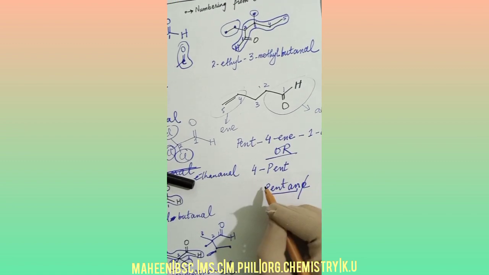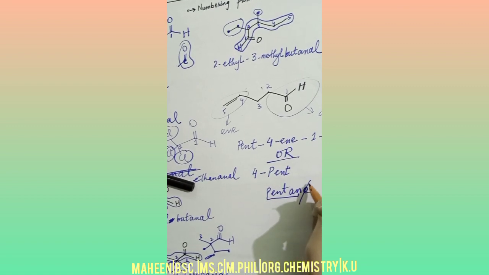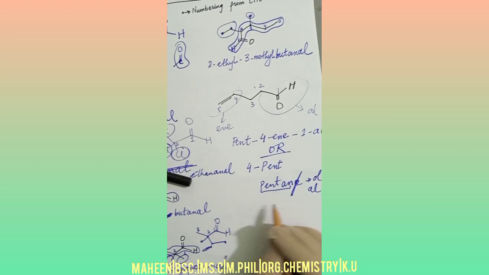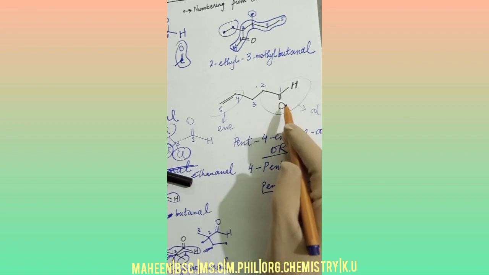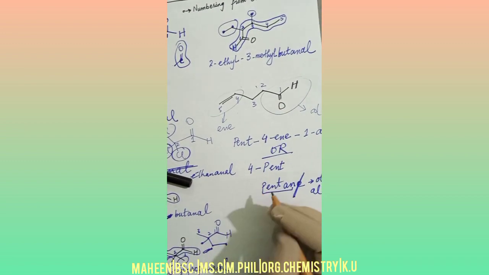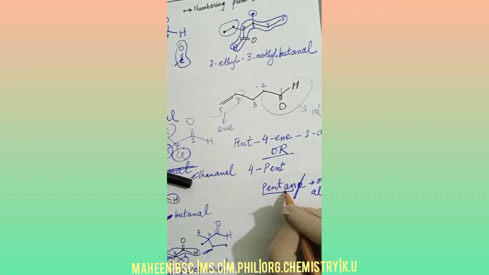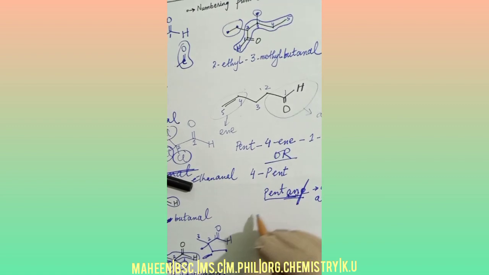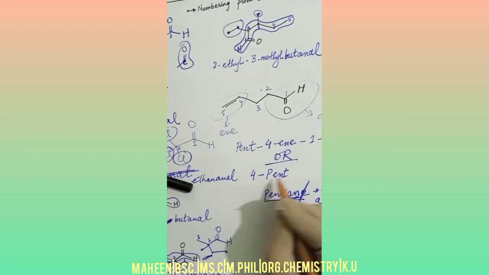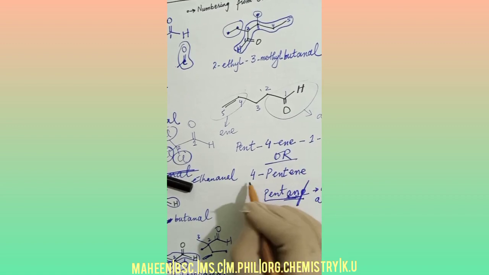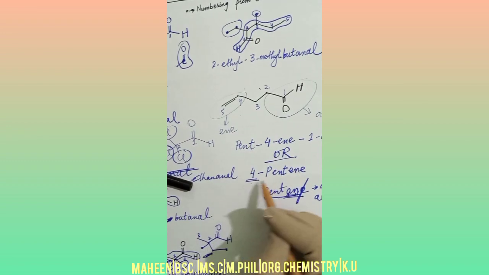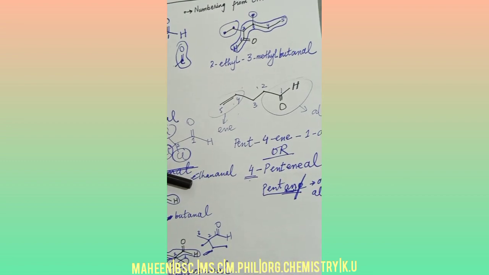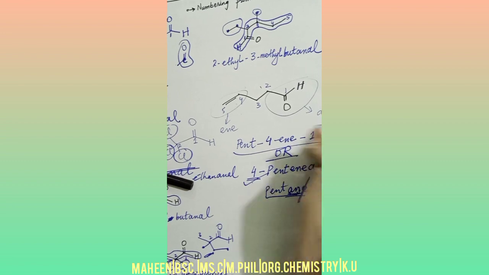It is the usual name: pentane, alkane, methane, and we exclude this E and replace it by ol or al, etc. So here in case of alkene and aldehyde simultaneously, we cannot use ane here. If you are going to name according to my method, then you will not use ane here, but you will use 4-pent, only pent, and then ene, because we are talking about the position of the alkene. 4-pent, ene, and then al. Okay, that is my method, and that is your lecture's method.